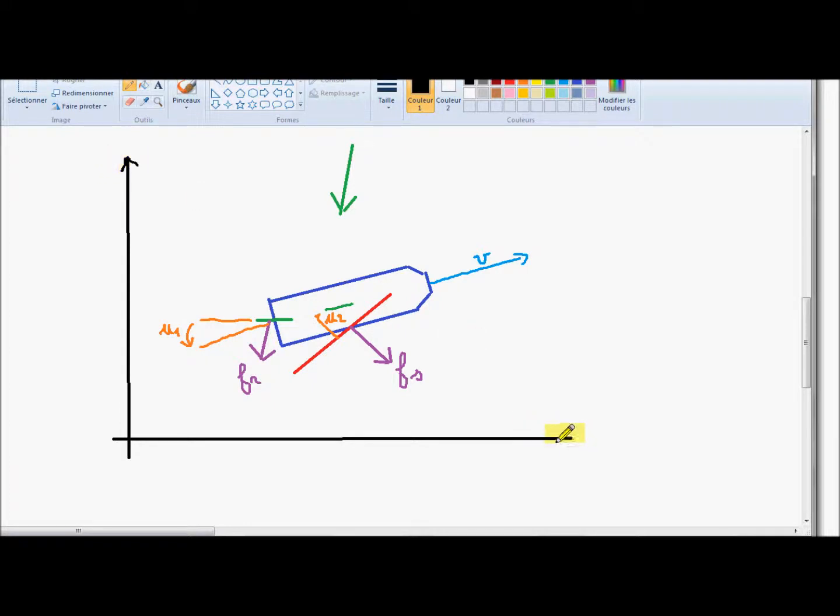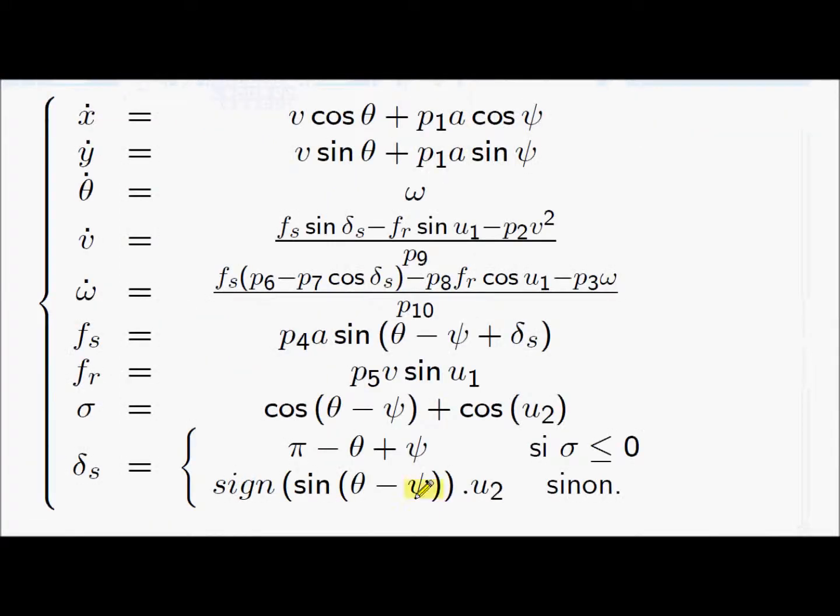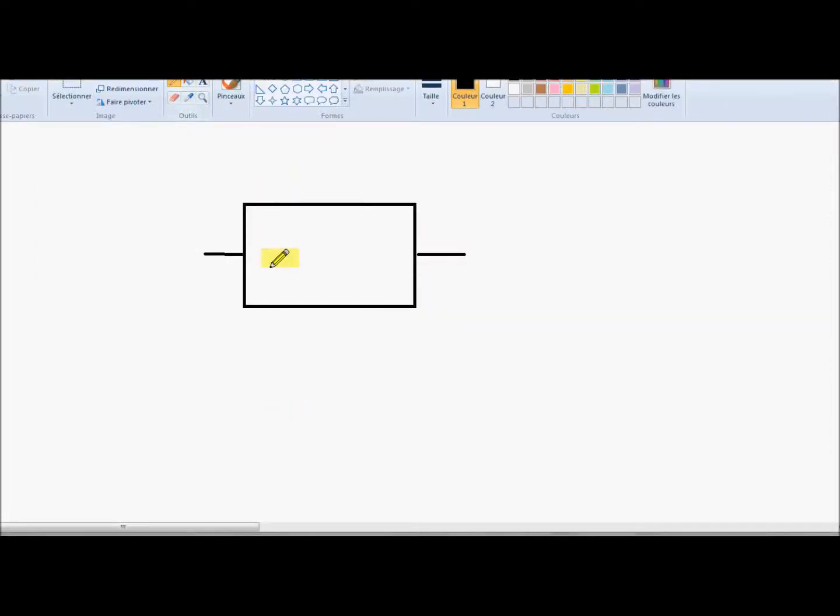The center of the boat, x and y, excuse me, it's x and y. So I have drawn all the variables that are involved, almost all of the variables that are involved in my model. So my sailboat corresponds to a system, x dot equal to f of x and u.